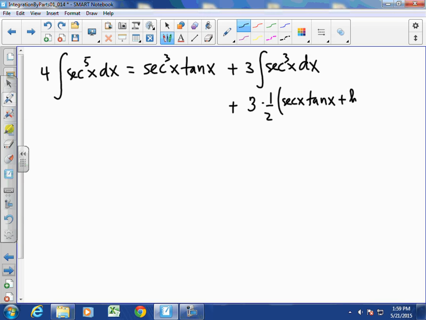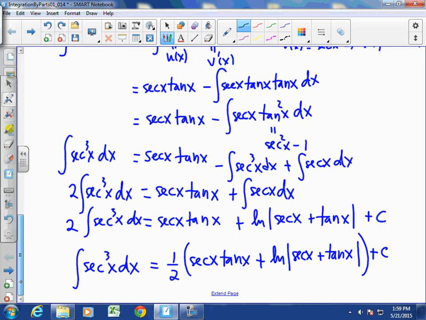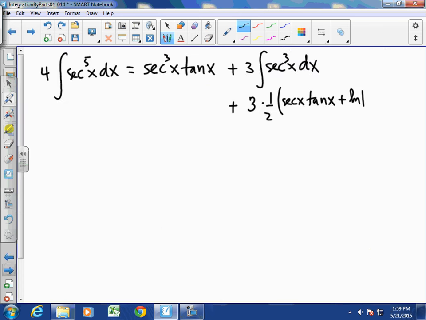plus ln of, okay, was it minus? Let's double check. Okay, yes, it is plus. ln of secant x plus tangent x plus a constant. We can keep the constant term there, so we have secant cube x tangent x here.